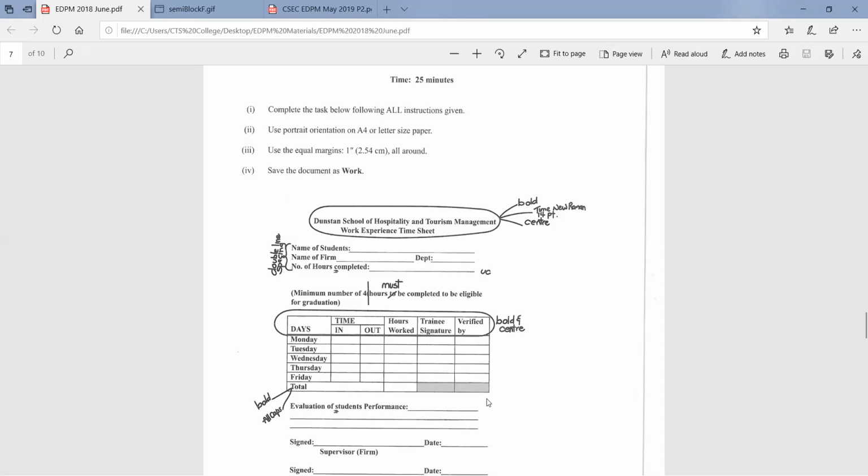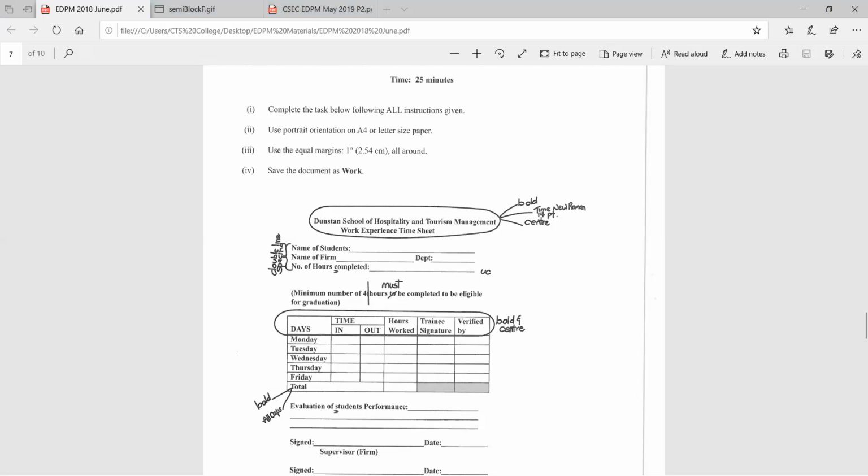How many rows do I have? 1, 2, 3, 4, 5, 6, 7, 8. So it is a total of 8 rows and 6 columns. That is what you have to work here.